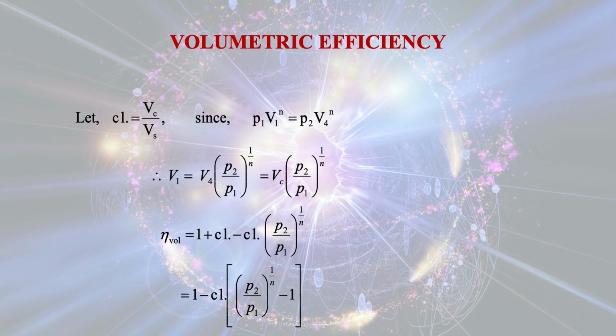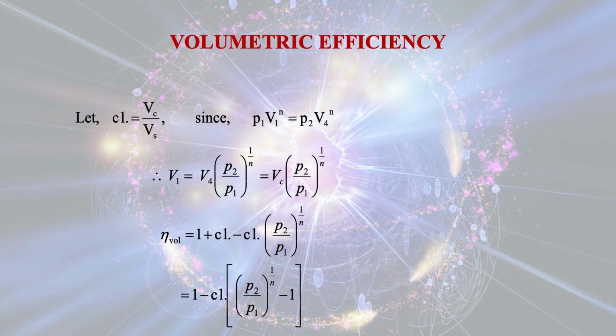Now, CL is equal to Vc by Vs, and we can also write the equation P1 V1 to the power n is equal to P2 V4 to the power n. So here V1 we can write equal to V4 multiplied by P2 by P1 to the power 1 by n, but V4 is equal to the clearance volume Vc.